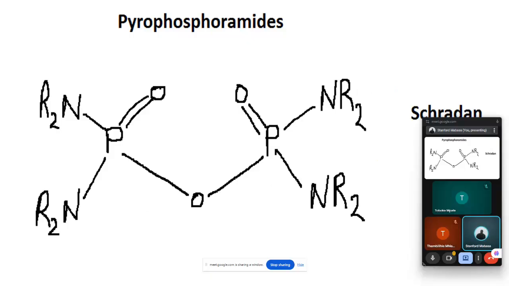And this last one with a complex structure, pyrophosphoramines. Here we have got this kind of a structure.